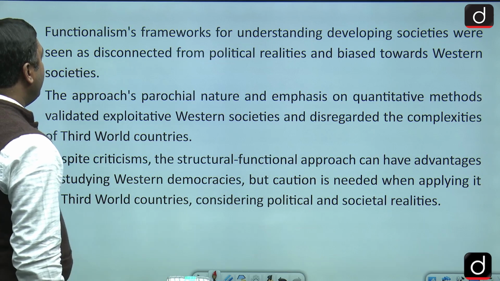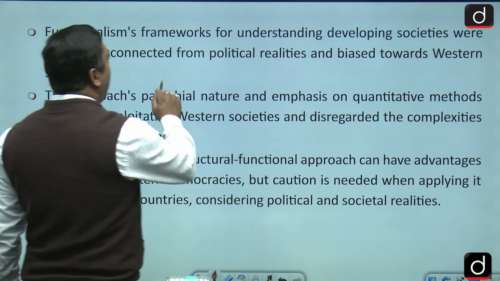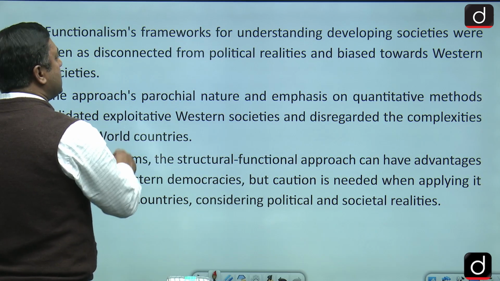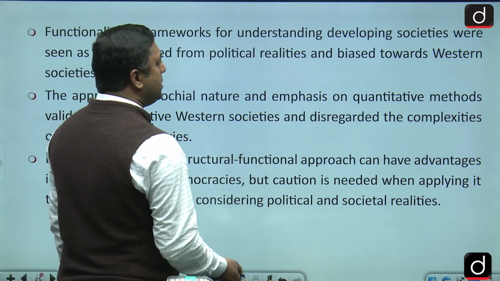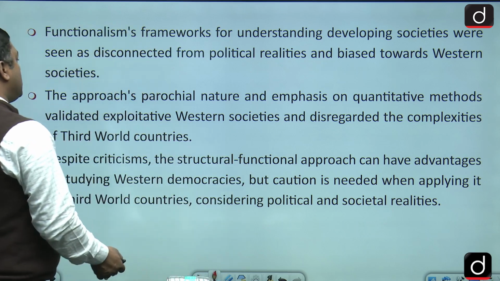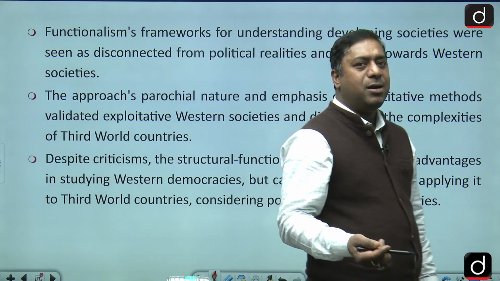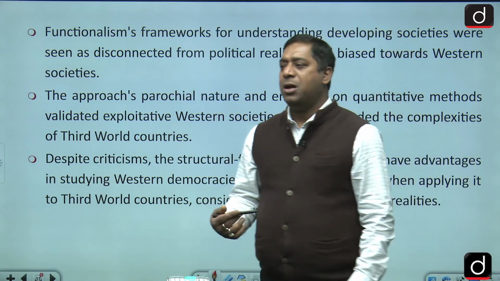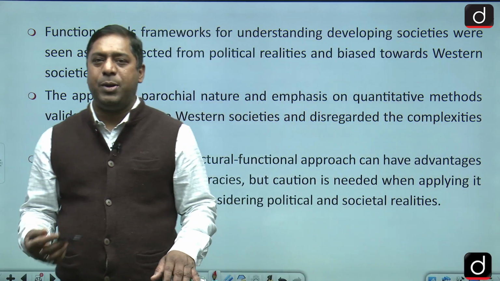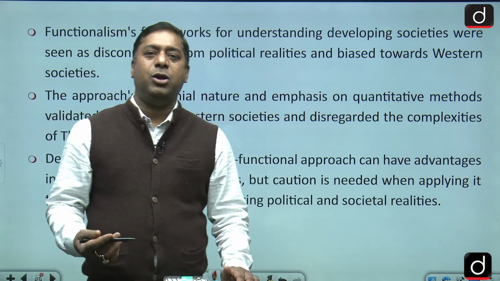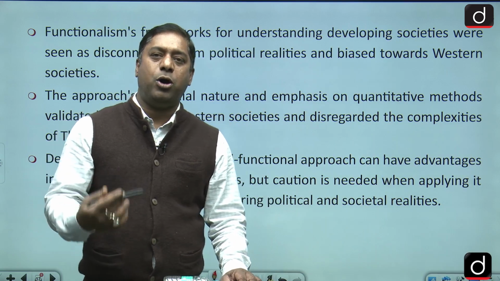And when we talk about the functionalism framework for understanding developing societies, it was seen as disconnected from political realities and biased towards Western societies. As we have seen, Almond says that if you want to study the political system of developing societies, you need to study the Western political system.